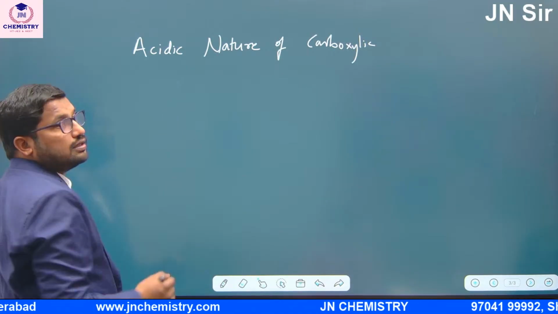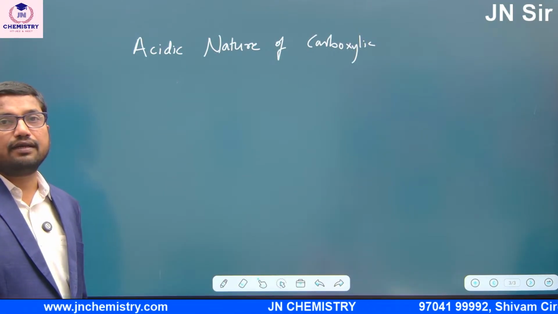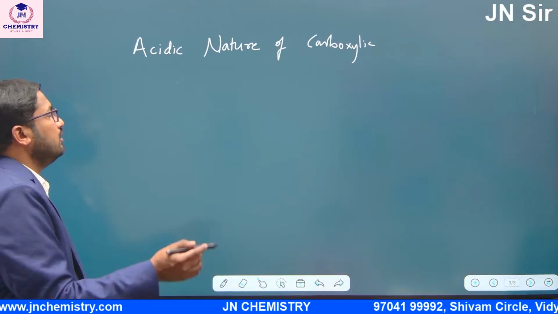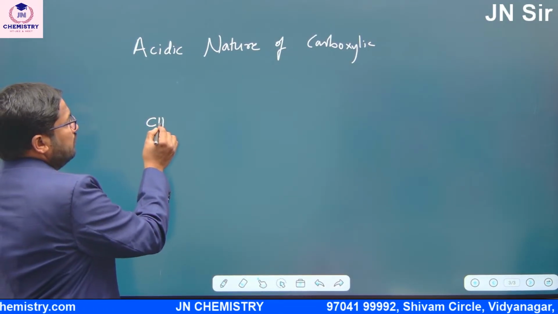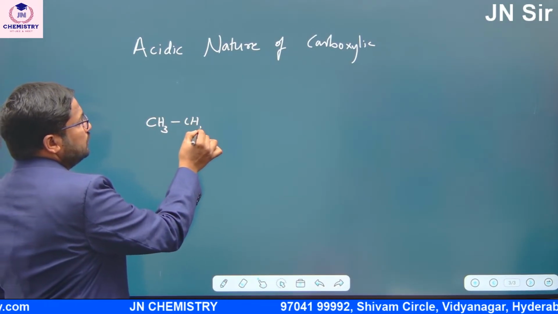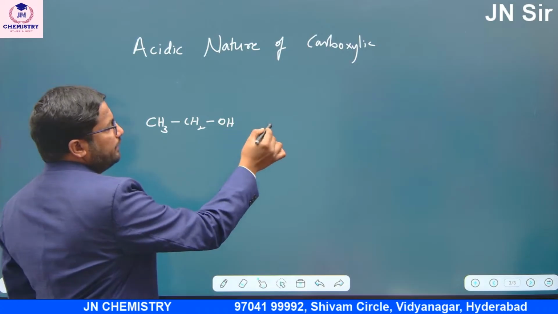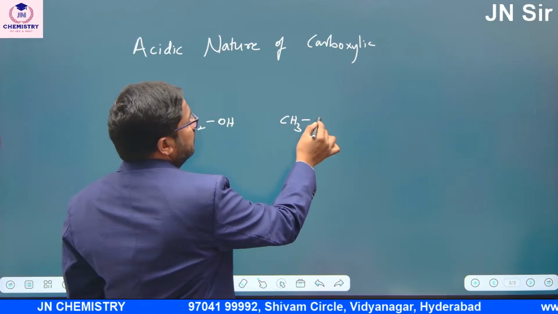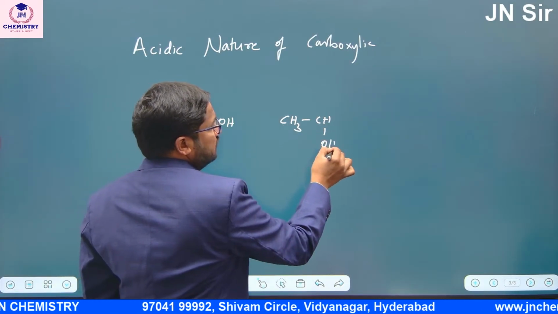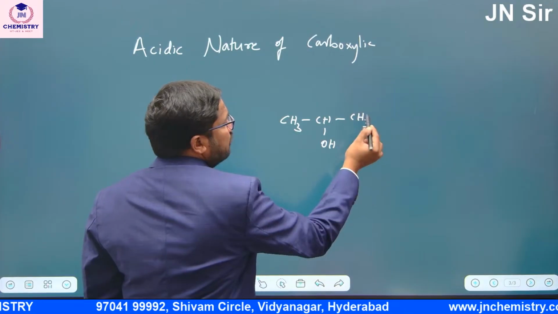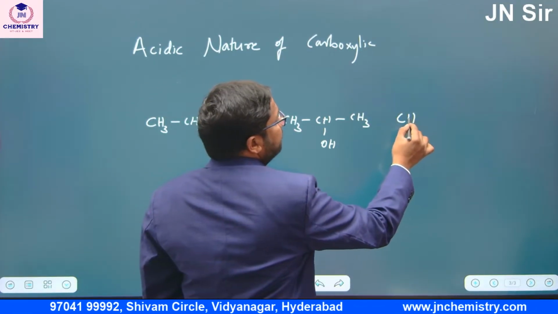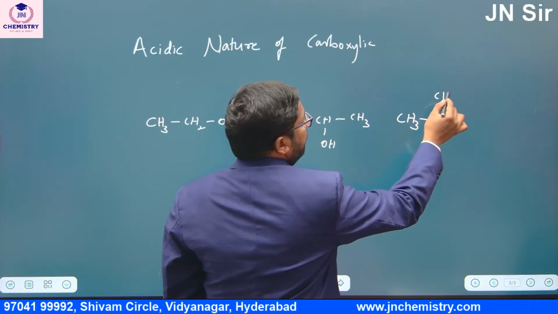So alcohols also are of 3 types, right? Primary alcohols, secondary alcohols, and tertiary alcohols. For example, CH3CH2OH, this is a primary alcohol. CH3CHOHCH3, secondary alcohol. And tertiary alcohol.